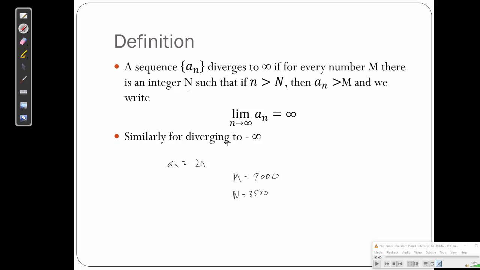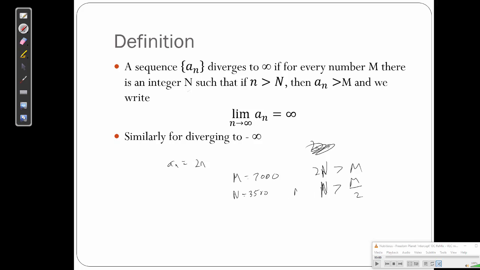So yeah, it diverges because no matter what M I pick, and you could even be specific about what M it is. In this case, you could just show 2n is greater than M. Well, that means just n has to be greater than M over 2. Put my capital N in there.